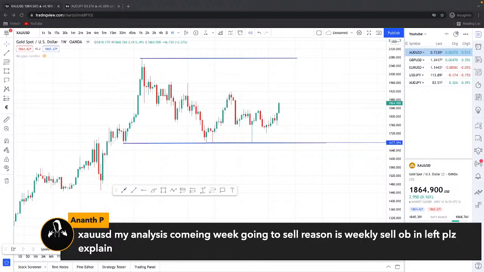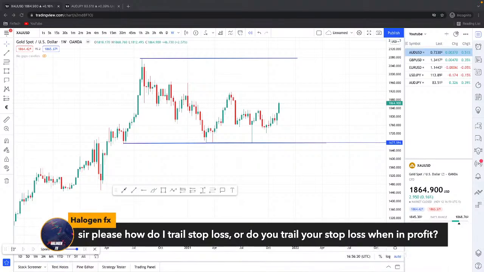Halogen FX asks: Sir, how do I trail my stop loss when in profit? What I do generally, my stops are 1 pip, 2 pips or 3 pips.